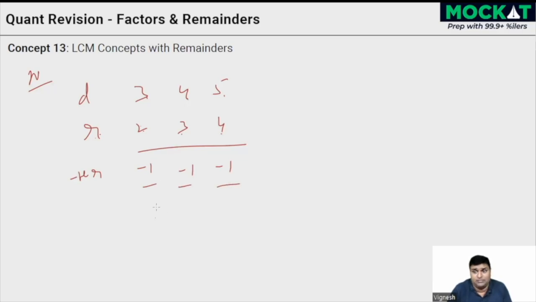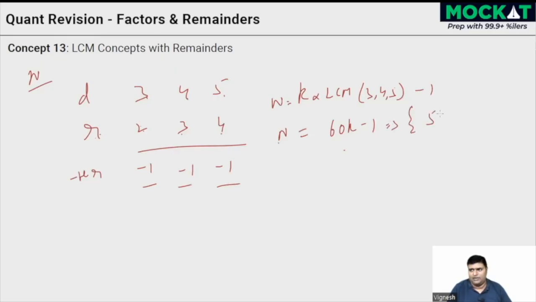Now these are the same. Given that these are the same, once again, k into LCM of 3, 4, and 5, and then the minus 1, the remainder. That's it. The negative remainder, right? So N can be written this way. N can be written as, LCM is 60, 60k minus 1. The smallest positive integer is going to be when you put a k value of 1, and we're going to get 59.